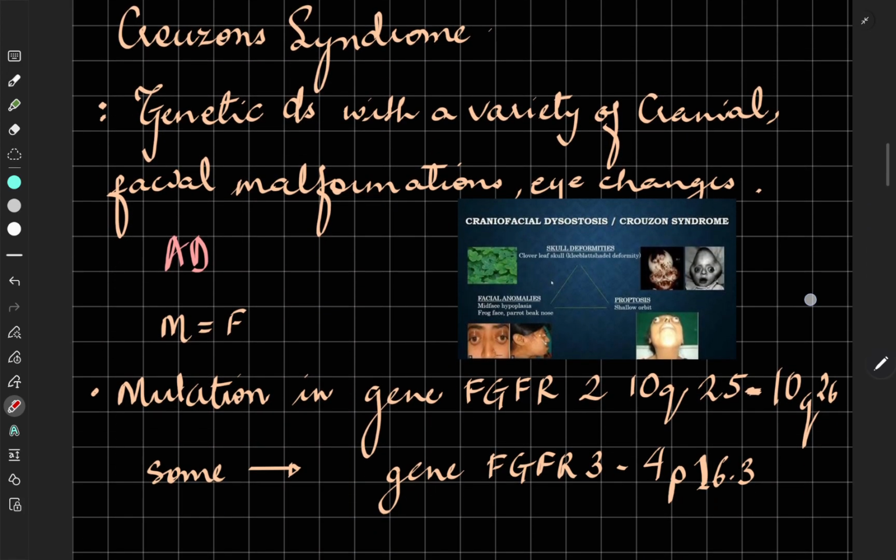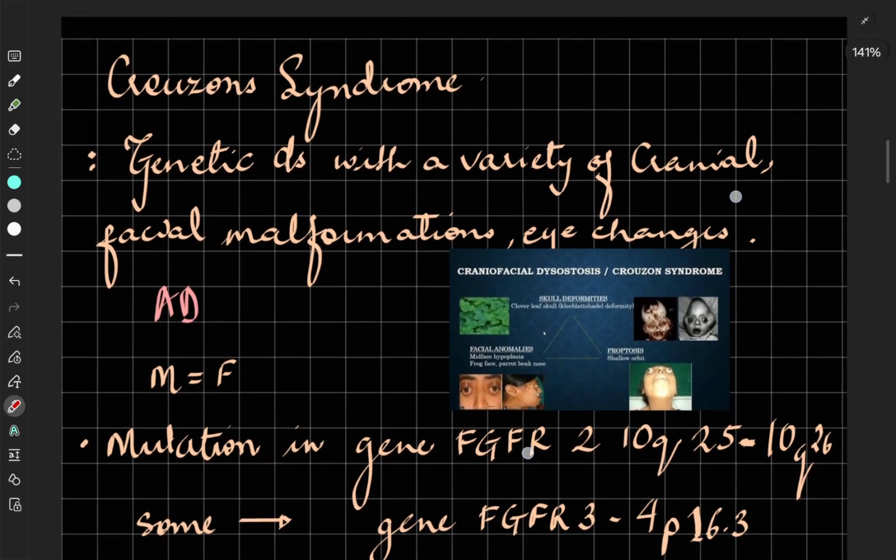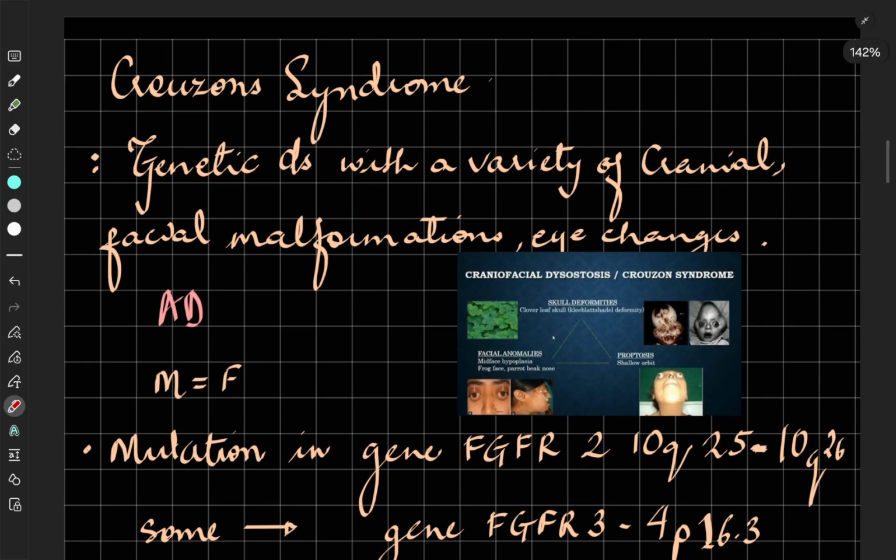Now we come to Crouzon syndrome. In the practical examination they show you a card or a laminate of Crouzon syndrome. So it's very important to know about this syndrome. You can make out whether it's Crouzon syndrome or Apert syndrome by looking at the facial features of the child.